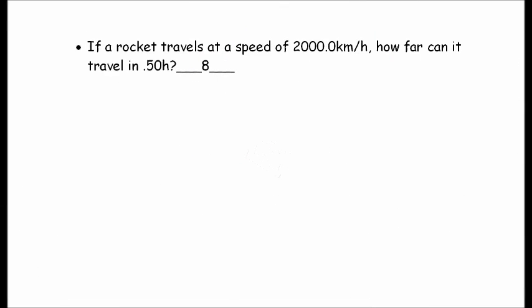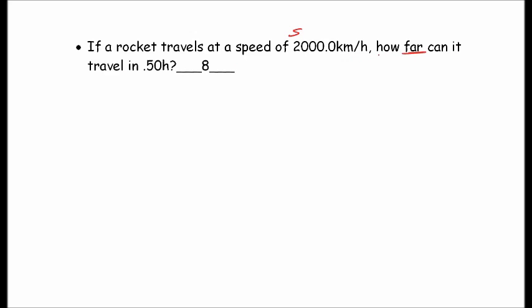Problem 8 says, if a rocket travels at a speed of 2000.0 kilometers per hour, how far can it travel in 0.50 hours? If we approach this problem the same way we did the last one, the first thing we're going to do is read the problem and identify what information we have. It gives us a speed, that's S, of 2000.0 kilometers per hour, and it asks how far can it travel.